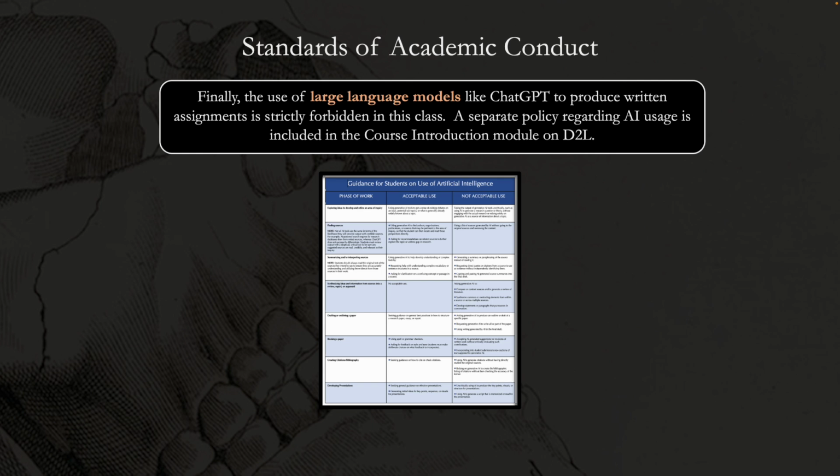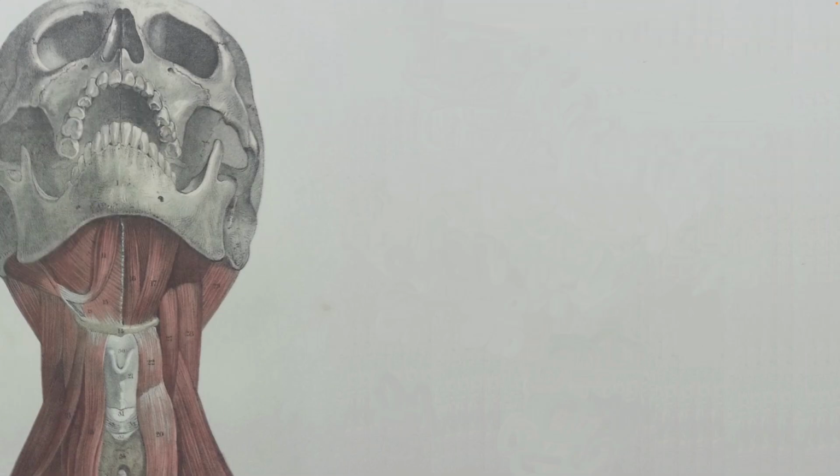If you stay in this class and if you don't contact me with questions, I assume that you have read this, that you understand it, and that you are prepared to follow it and accept the consequences if you don't. So please reach out to me if you have questions at any point in this semester about AI.